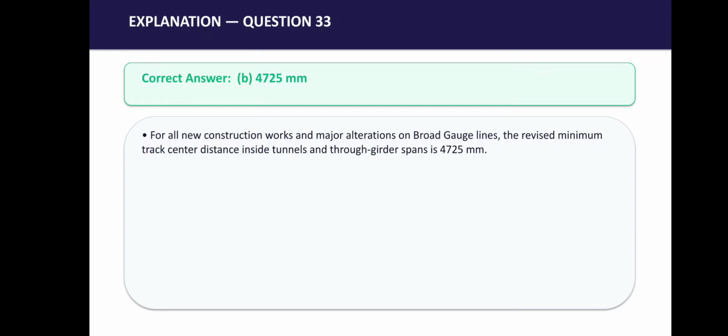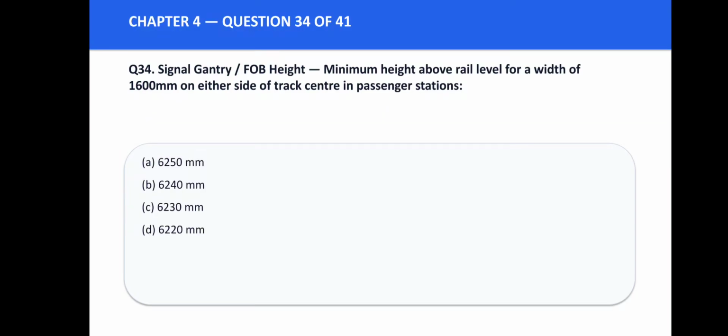4725 mm. Question 34. Minimum height above rail level for a width of 1600 mm on either side of track center for a signal gantry or station foot overbridge is what? Option A, 6250 mm. Option B, 6240 mm. Option C, 6230 mm.